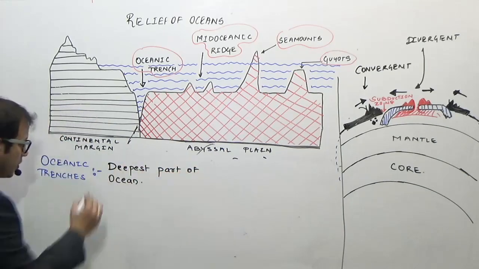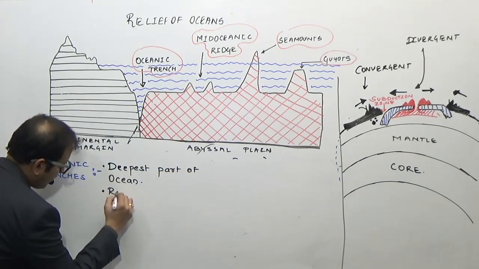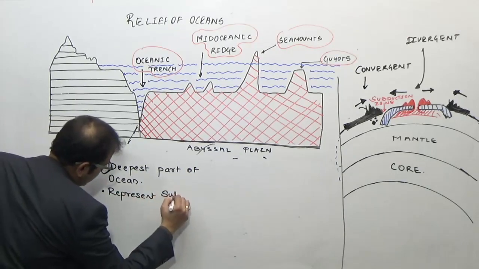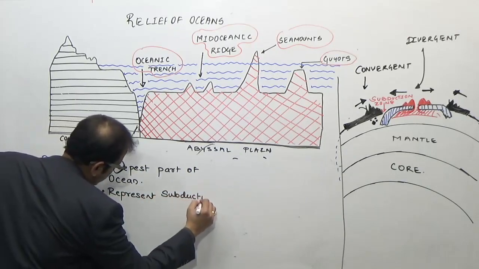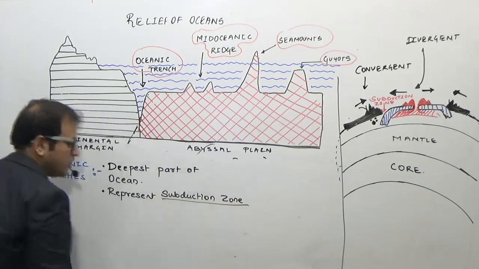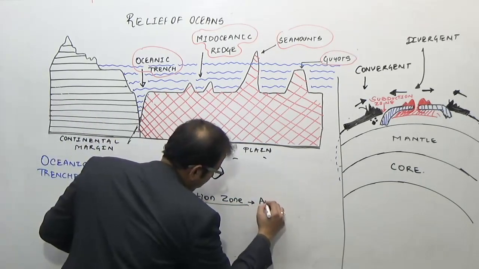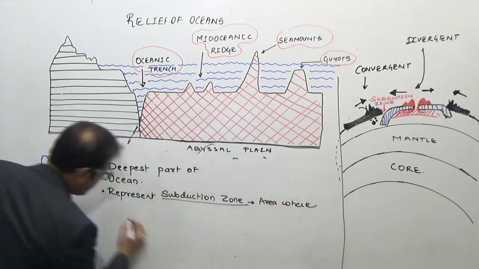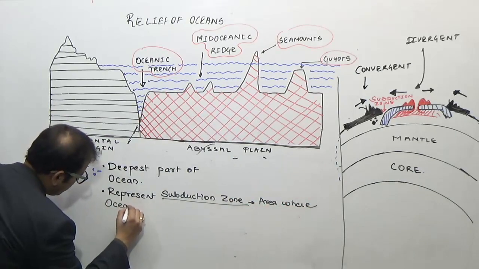Why deepest? Because they represent a subduction zone. What do you mean by subduction zone? That means the area where the oceanic plate goes below the continental plate.